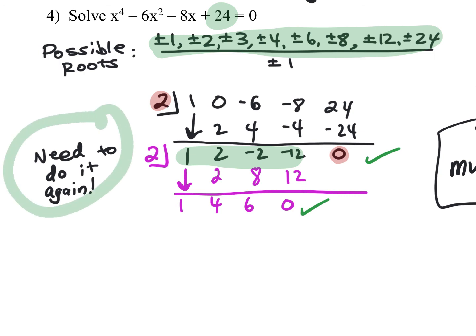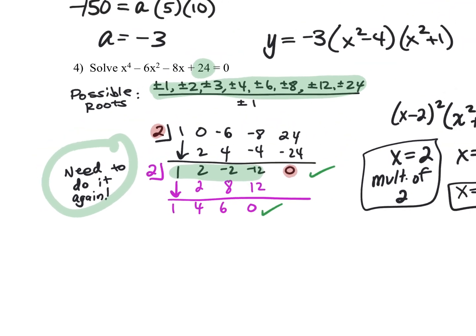So unfortunately, we need to go through that whole same process again. Now 12 doesn't have quite as many factors as 24, but there is still quite a few. And once we go through with the rational root theorem and find a good root, we find that again 2 works.